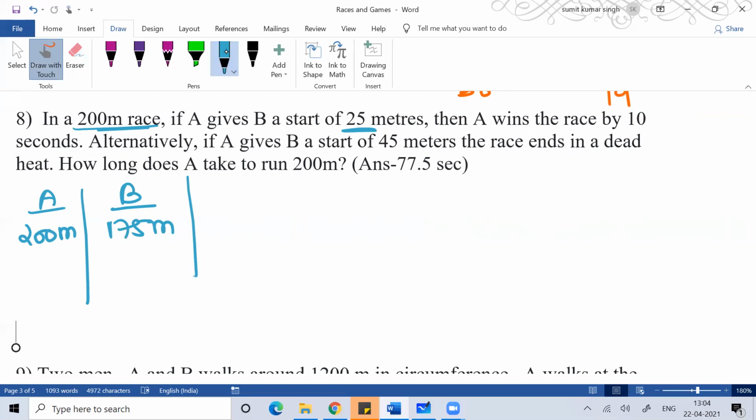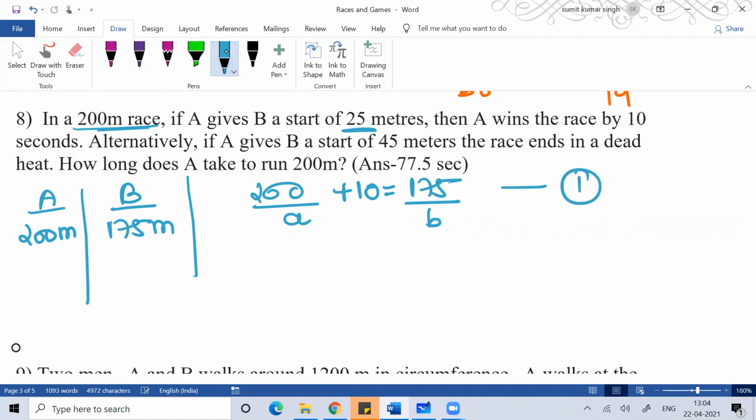So what is the time taken by A? That will be 200 by A. That is 10 seconds less than the time B will take to cover 175 meter. This is one equation.